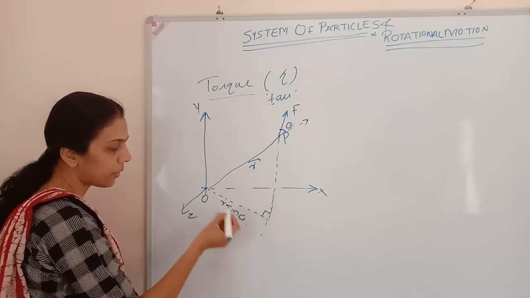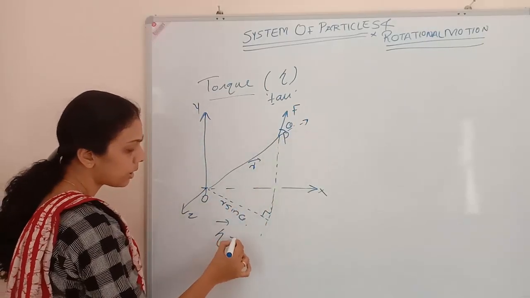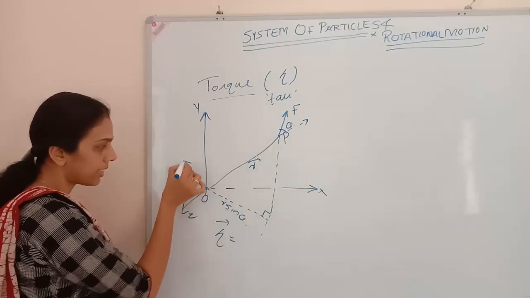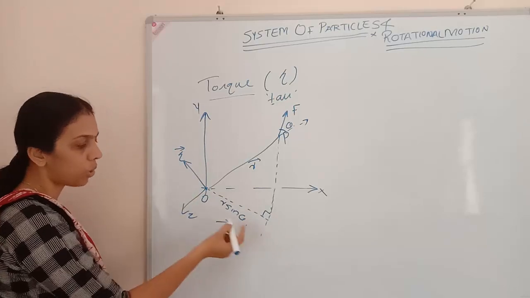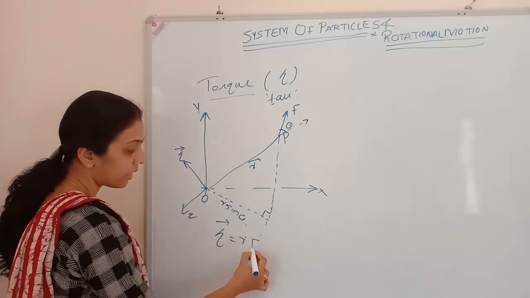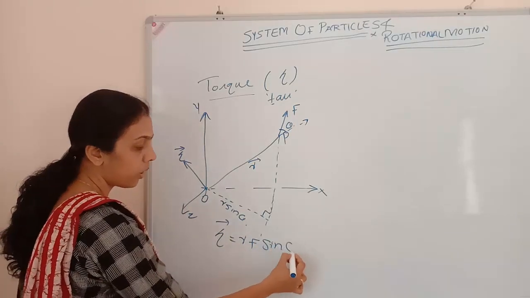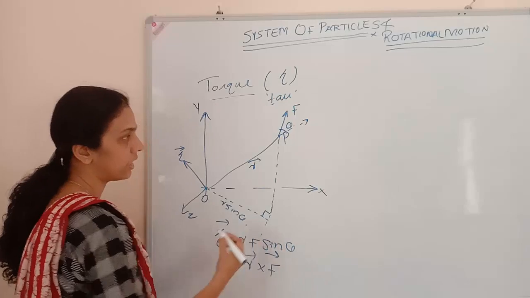So the torque acting on the system will act in a direction perpendicular to both r and F. Torque is equal to r F sin theta, or we can write it as r cross F.